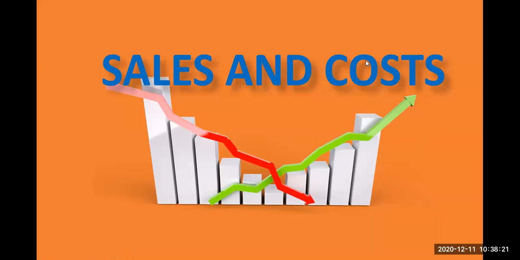Who can tell me that? What's the difference? The one refers to something that we buy and the other to things that we sell. Yes, you're right. So costs are the things that you pay and sales are the things that you sell, right?